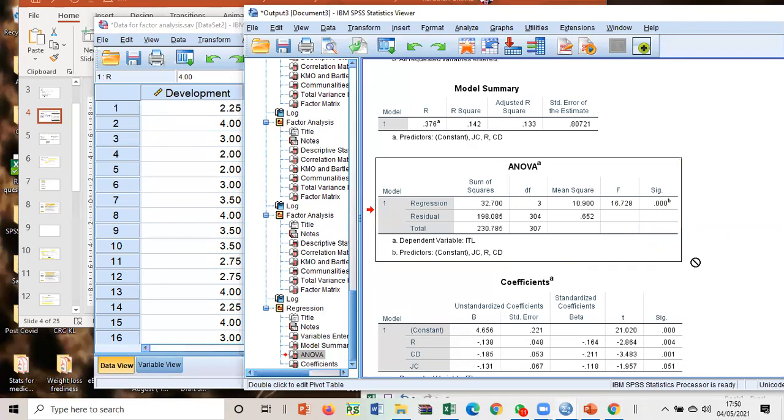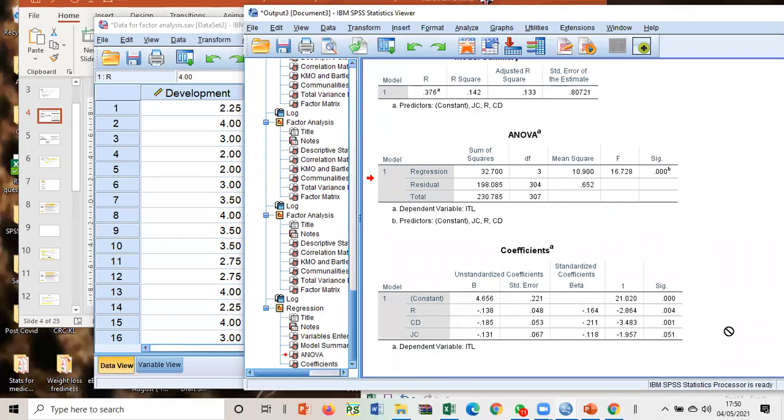Which one? Does it depend on remuneration? Yes. CD? Yes. JC? No. Right? JC, no. So multicollinearity, you can check.